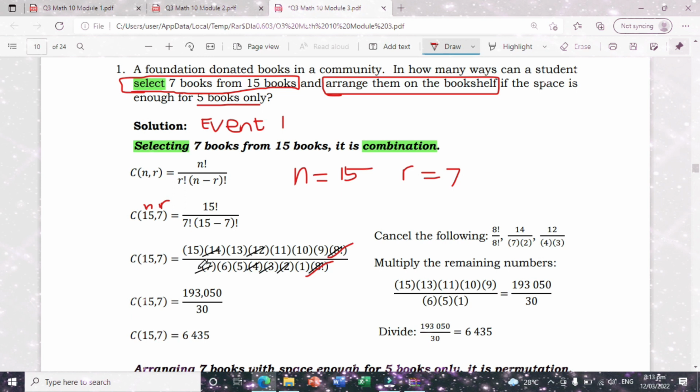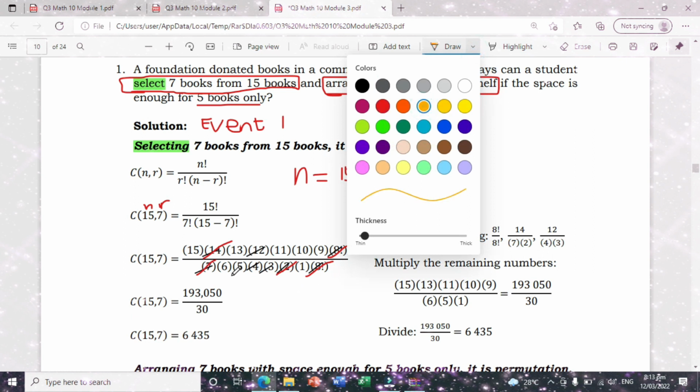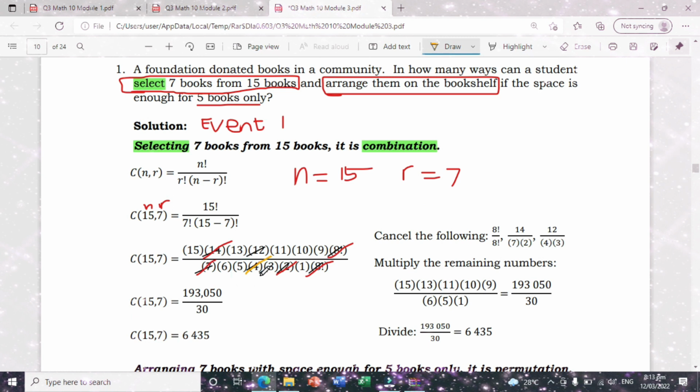Pwede tayo mag-cancel: 7 at saka 2, 14 yan, may mag-cancel ba na 14 sa taas? Meron. Tapos, 4 at saka 3, 4 times 3 equals 12. May mag-cancel ba sa taas? Meron.